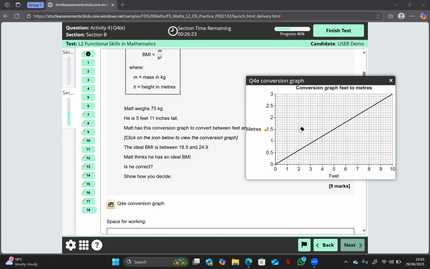If you look at it in the graph, because we've just followed what 5 foot 11 is about there. Go up, and that hits the 1.8 meter mark on the line, which is there. So here's 1.8 meters approximately.